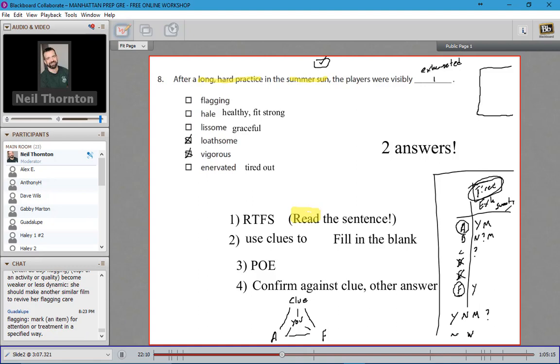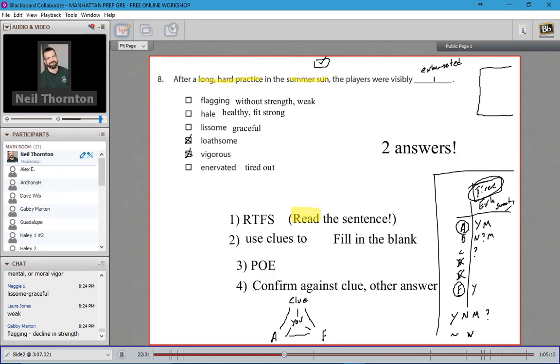So everybody go look up flagging and find the, yeah, without vigor, force, or strength. Okay, all right. So without strength, weak. All right, cool. All right, so here we go.